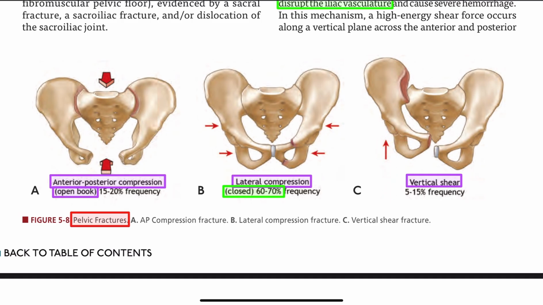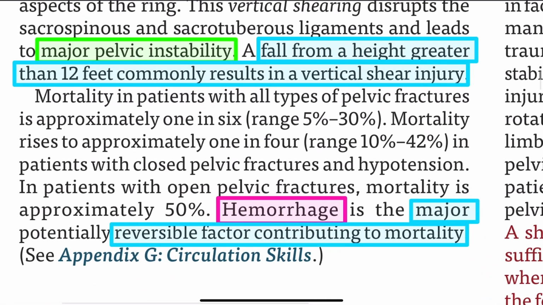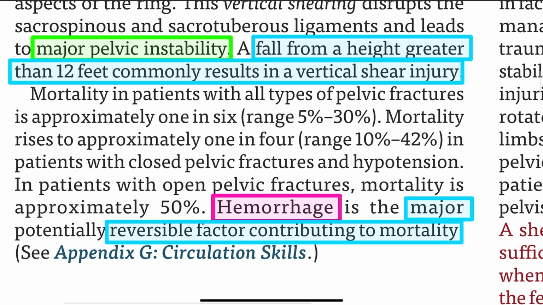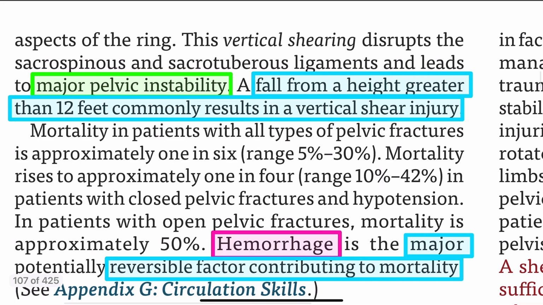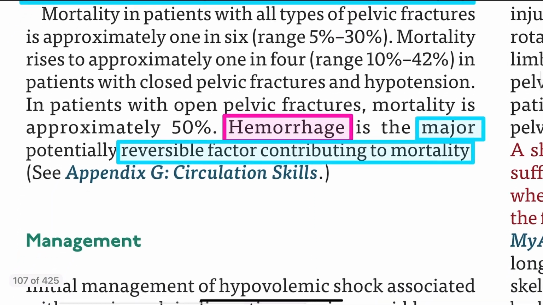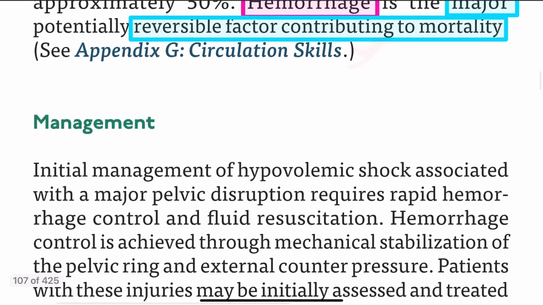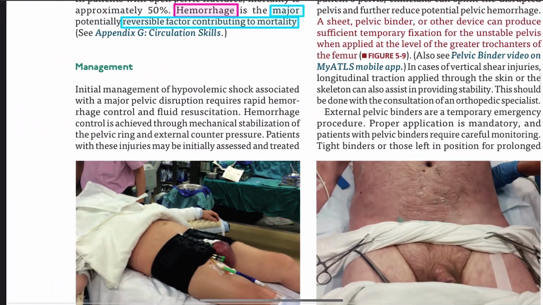Major pelvic instability is present if the patient falls from a height greater than 12 feet, which commonly results in vertical shear injury. Hemorrhage is the major potentially reversible factor contributing to mortality in pelvic fracture. So now is management.